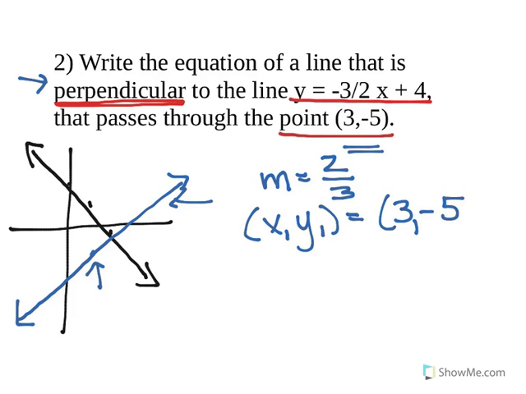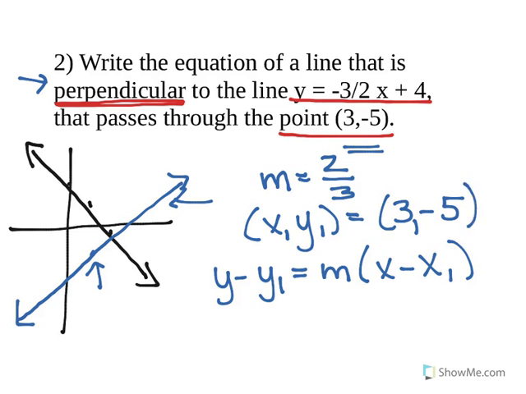So for this one, we're going to be using the point-slope form. And then we just put our information in and simplify to get the equation of the new line.